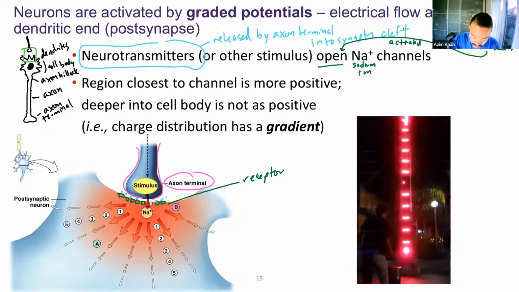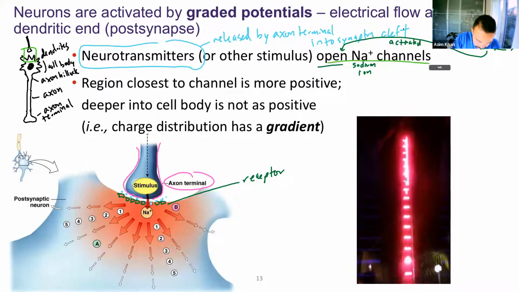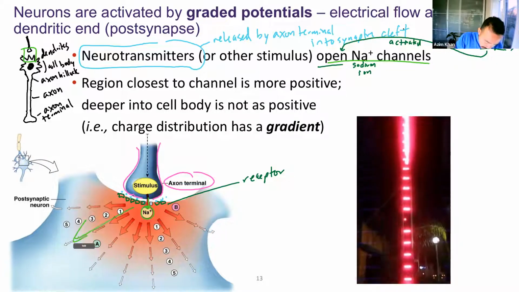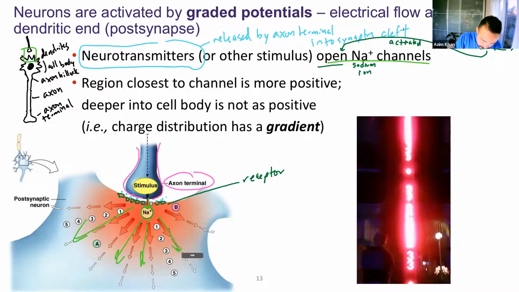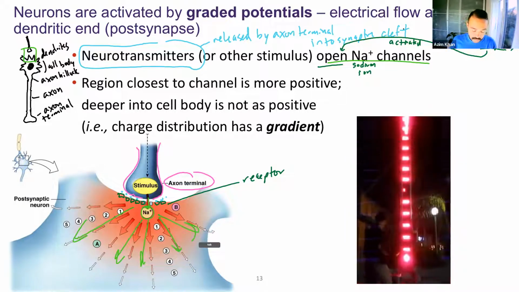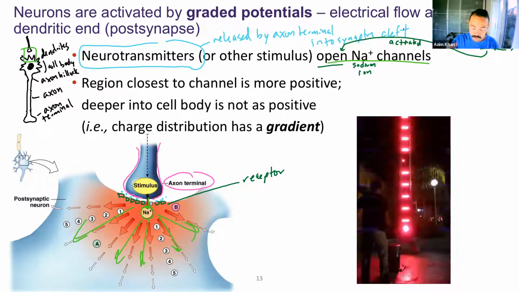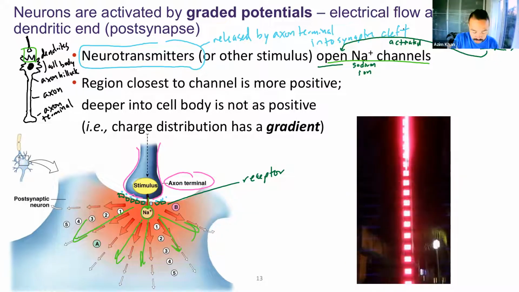Sodium rushes in, and now we get a spread of sodium into the cell body. Let's assume that only one channel was opened up. We get a spread of sodium into the cell body.